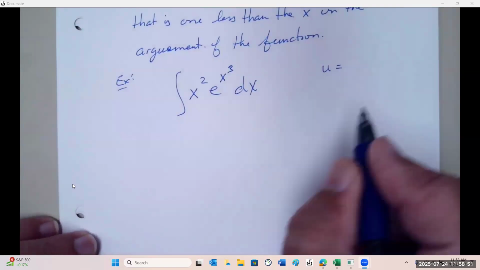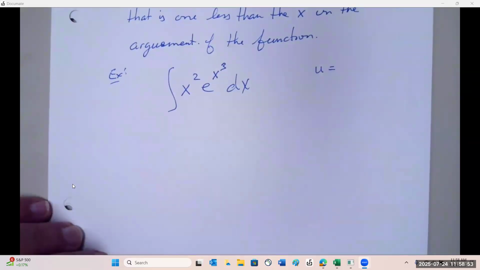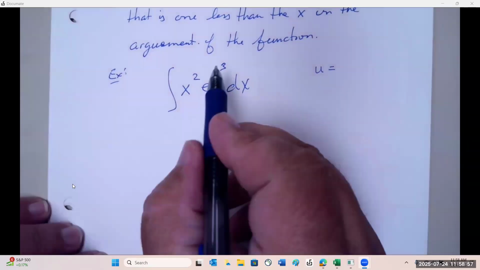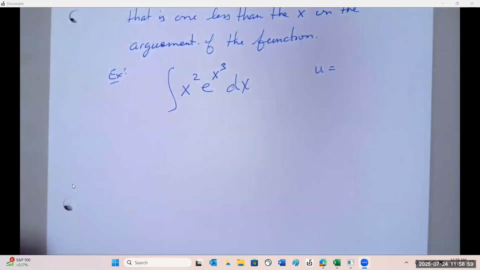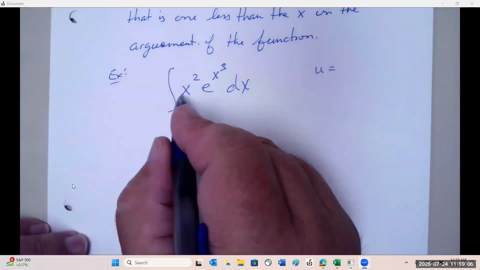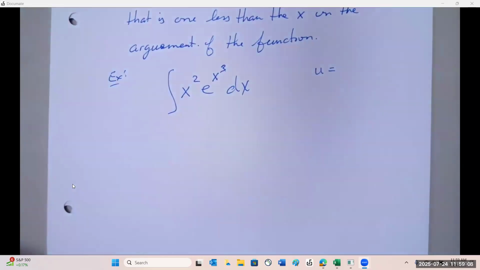So we have to figure out what is our u. You have an x cubed here and an x squared here. What's our u going to be? No, that's an exponent. This is a coefficient. You only add them as if you're multiplied together.